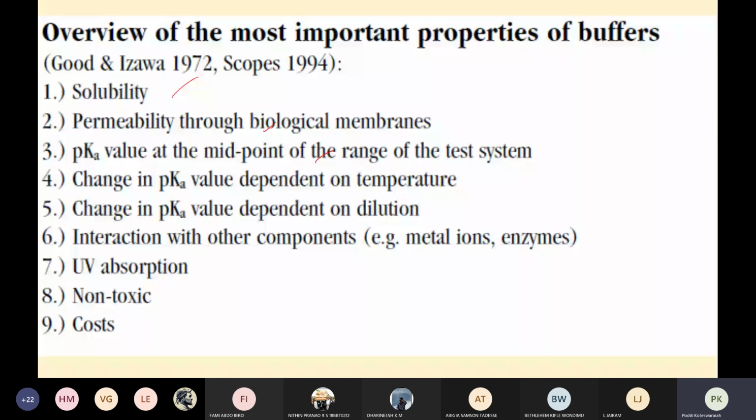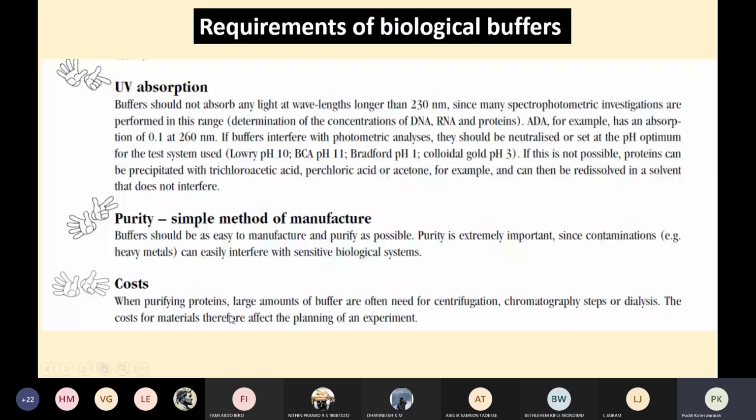They should not absorb light in the UV region, and they should not exhibit any toxicity to the cells. Of course, they should also be available in pure form. These are the requirements or characteristics of biological buffers.